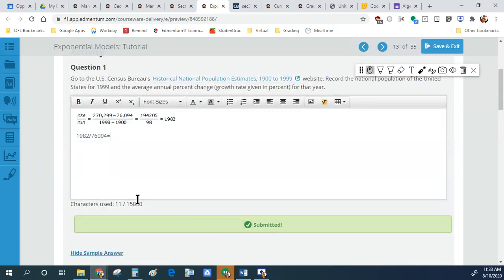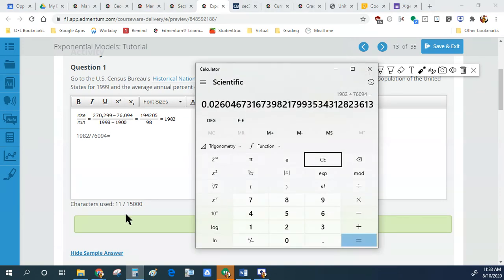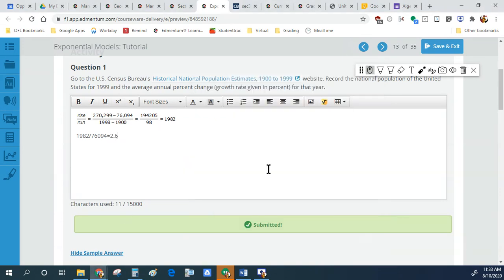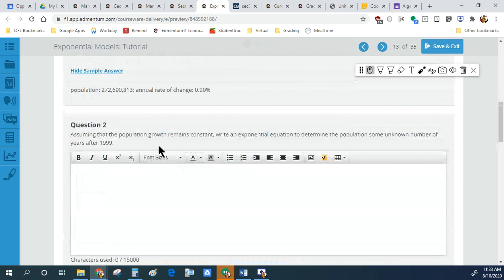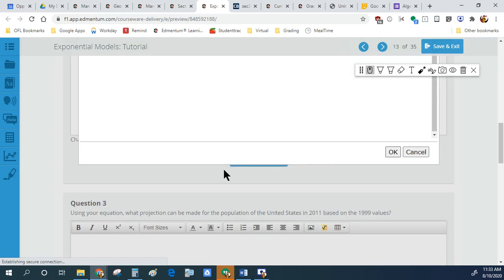Okay. So what was it? 2.6%. Assuming that the population growth remains constant, in an exponential rate for years after that. So if we're looking for an average growth, we're going to use the equation editor.